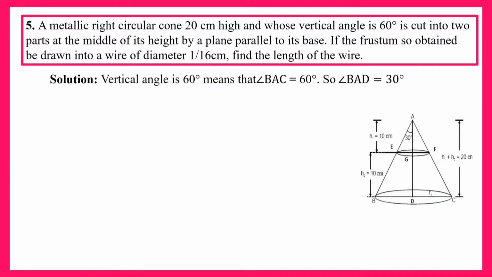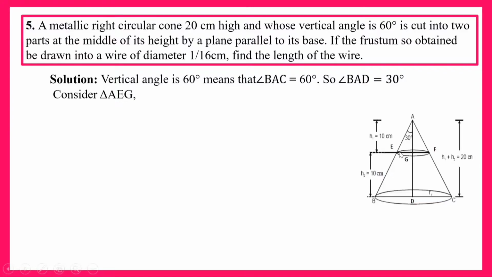So let us try to write what all is given to us. The vertical angle 60 degrees means that angle BAC is equal to 60. So this angle comes out to be 30 degrees. Now, I take up first of all triangle AEG. In triangle AEG, this AG is equal to 10 centimeters and this angle is given to us as 30. If I want to find out this radius EG, what will I use? For this angle, the side opposite is EG and the side adjacent is AG.